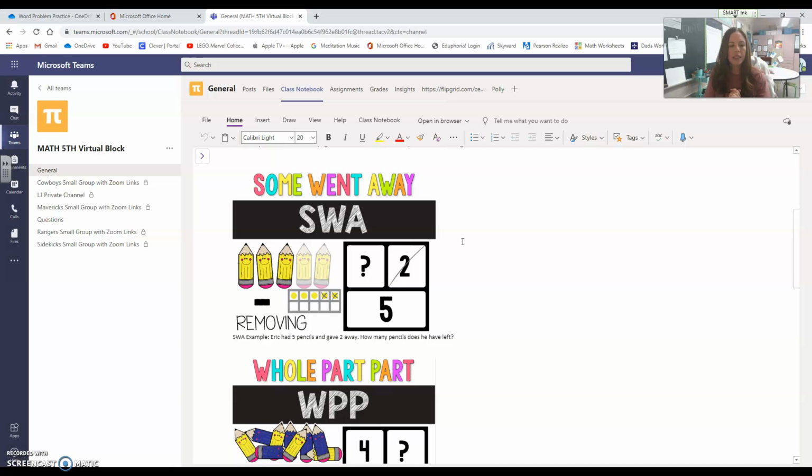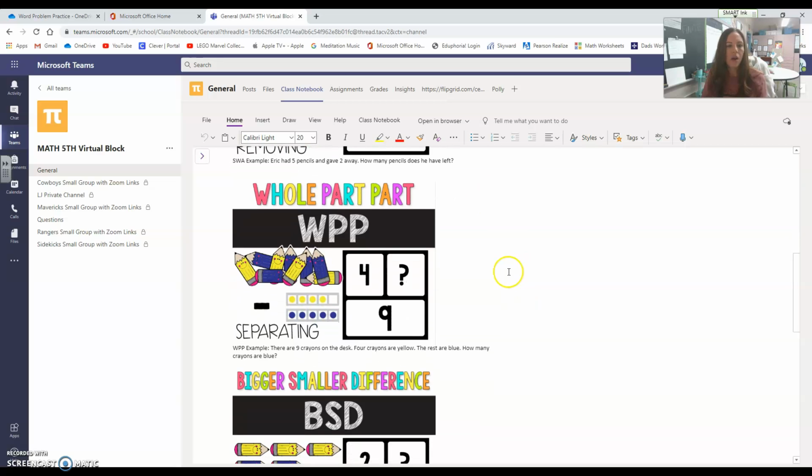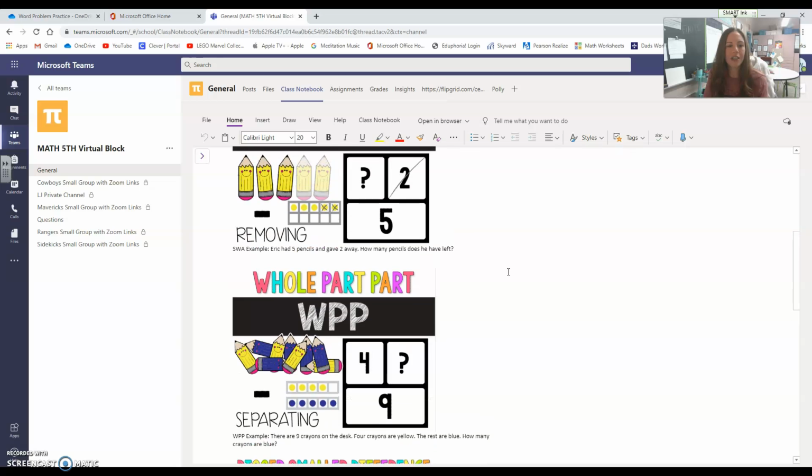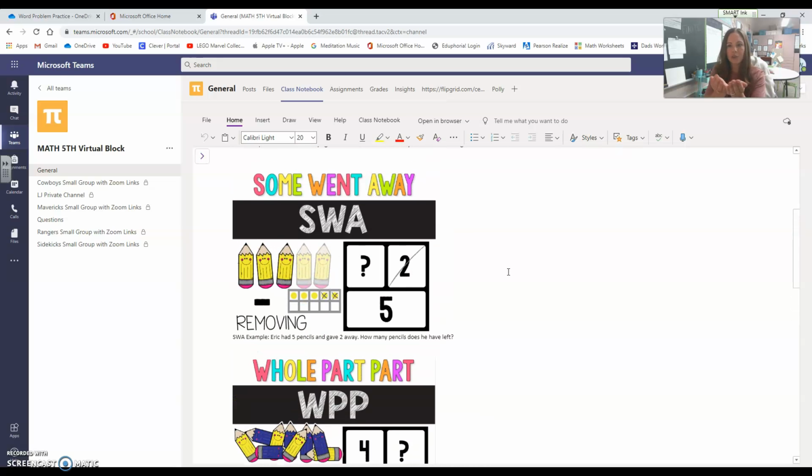An example is Eric had 5 pencils. He gave 2 away. How many does he have left? Oh, I forgot to mention, what operation do we use when we take some away? We're removing things. That is subtraction.